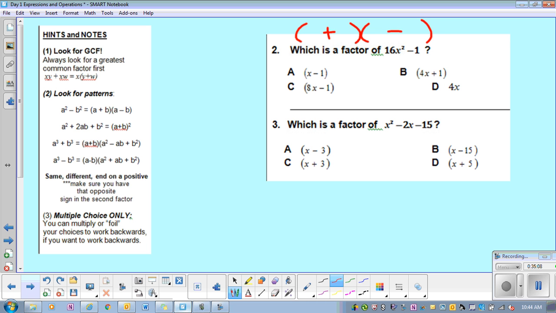What's the square root of 16? It's 4. So you have 4x, right? What's the square root of 1? 1. So 4x plus 1, 4x minus 1. Which one of those has a factor? B.